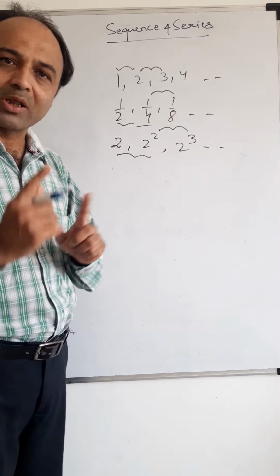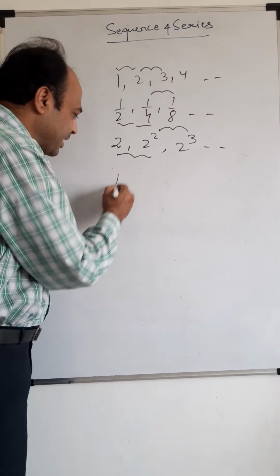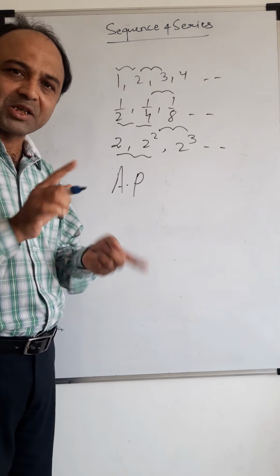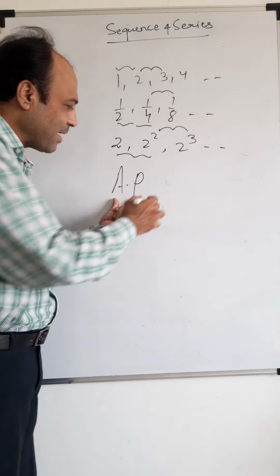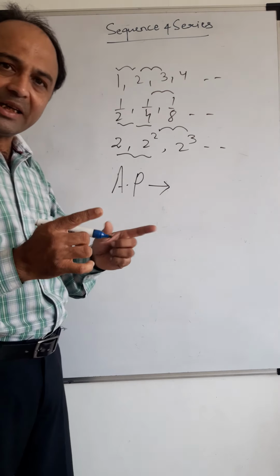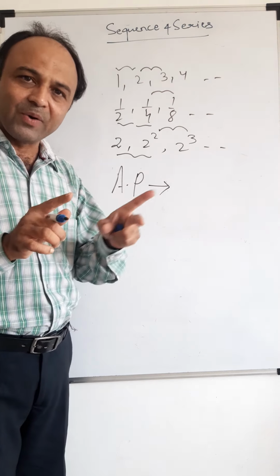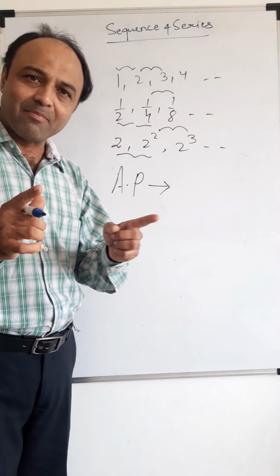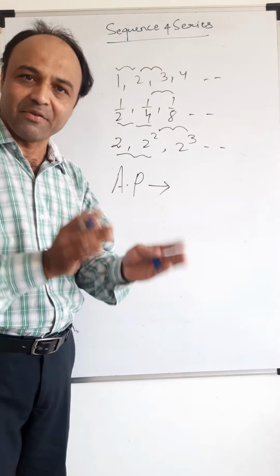First is known as arithmetic progression, AP. So AP must be a sequence, AP must be a progression, and arithmetic progression says that between consecutive terms there is a mathematical relationship, and that relationship is a common difference.